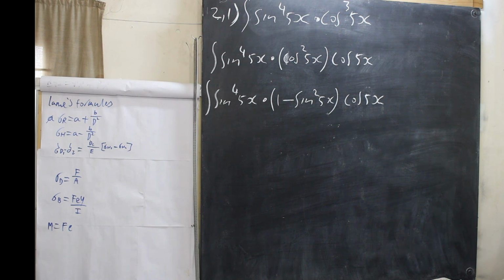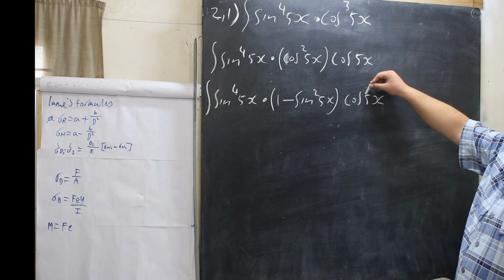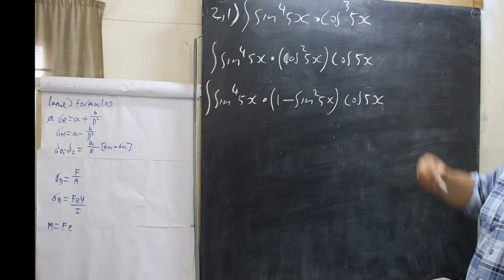Now, how this will work is we want to get rid of the cos(5x).